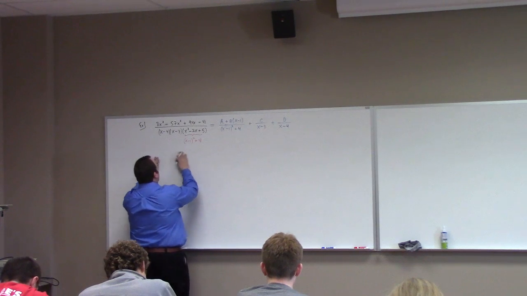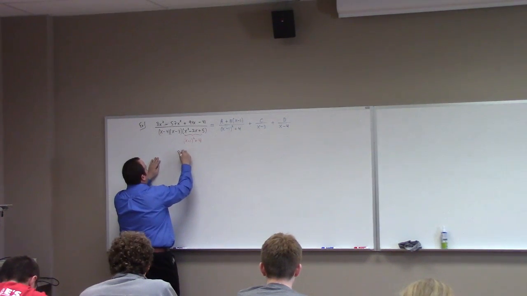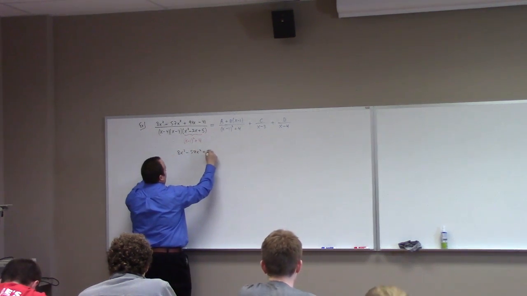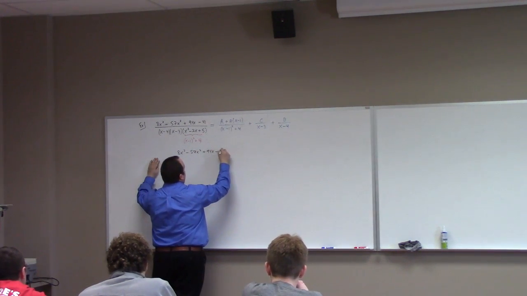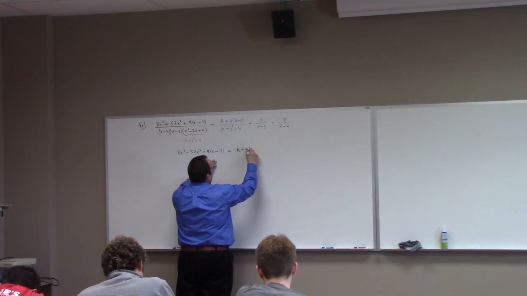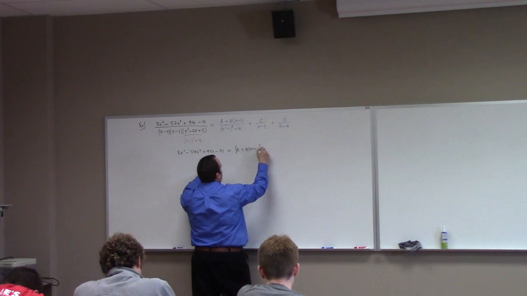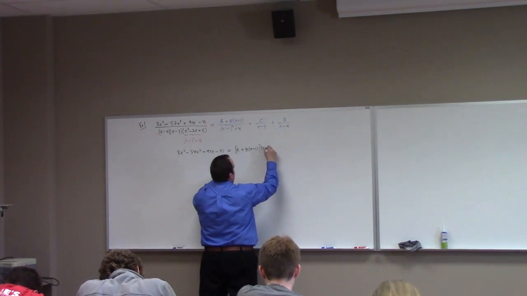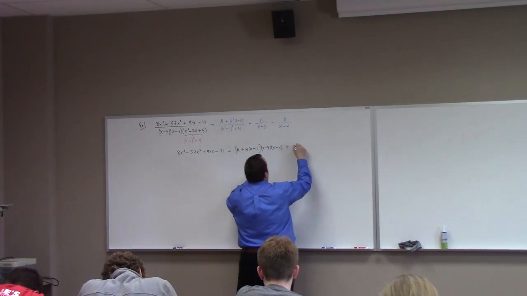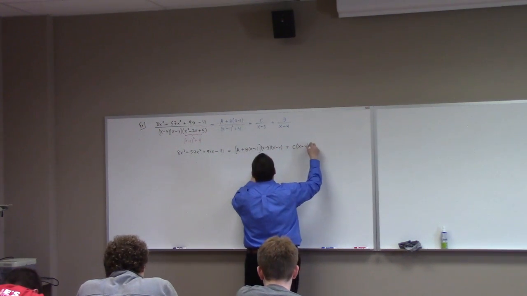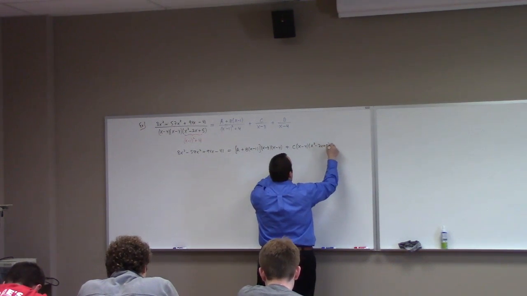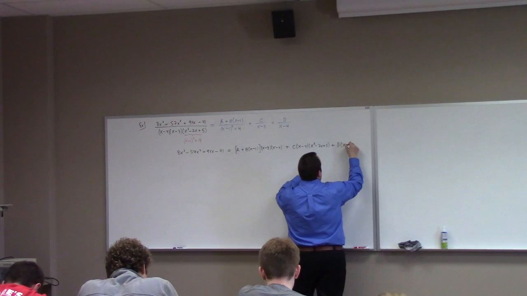That's going to give me 8x cubed minus 57x squared plus 94x minus 41, I'm just copying the numerator down again, is equal to A plus B times (x minus 1), brackets, times (x minus 3) times (x minus 4), plus C times (x minus 4) times the quadratic, plus D times (x minus 3) times the quadratic.